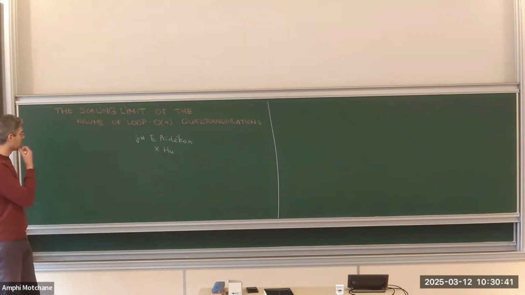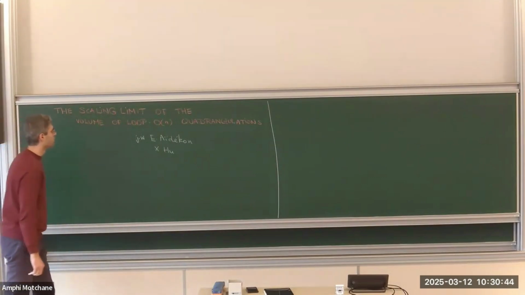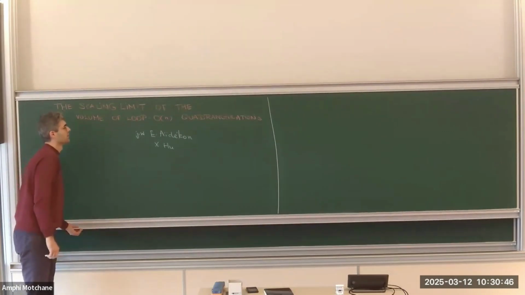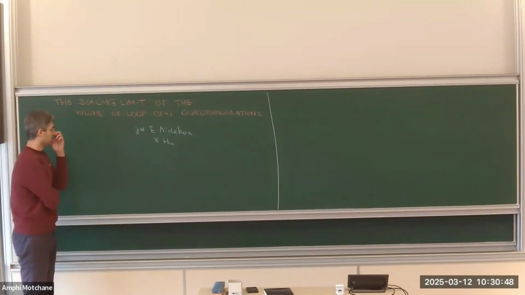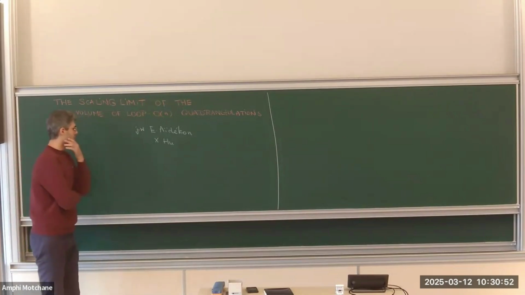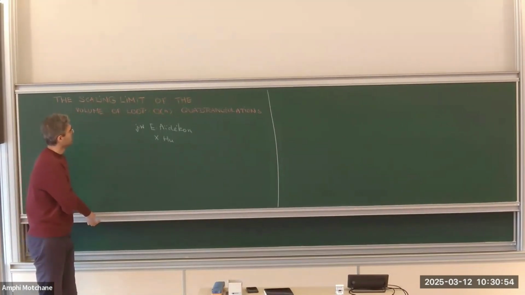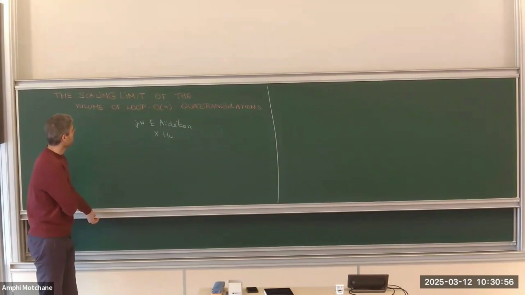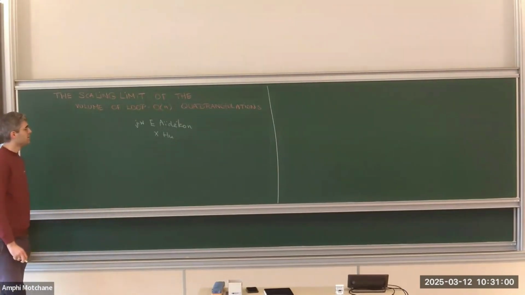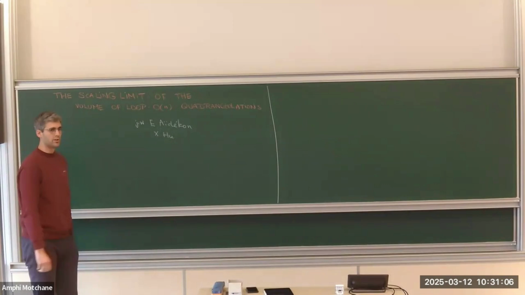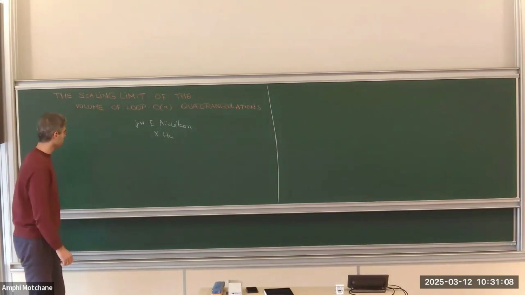Okay, so the model that we're going to describe is called the loop O(n) model, a planar map model. It is a model that comes from theoretical physics, and the interest of this particular model is that it is related to different universality classes than the usual Brownian geometry.